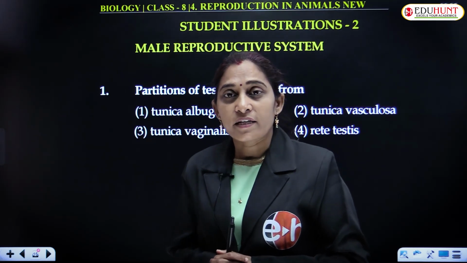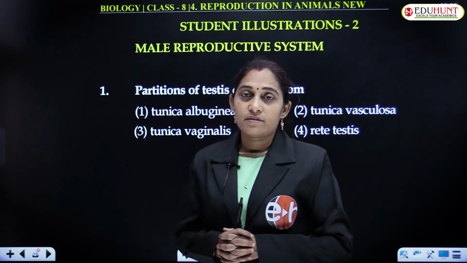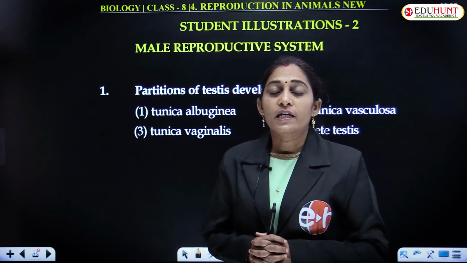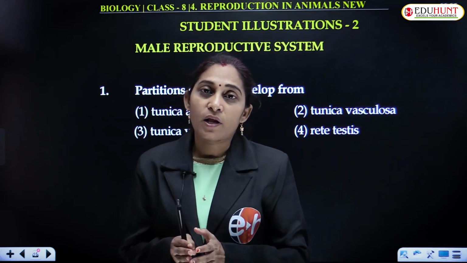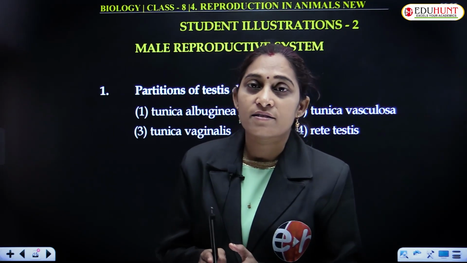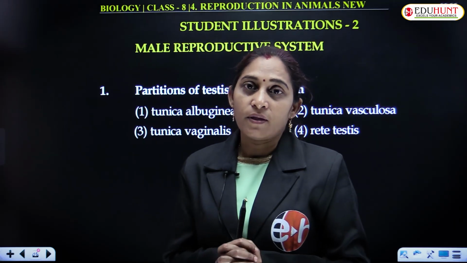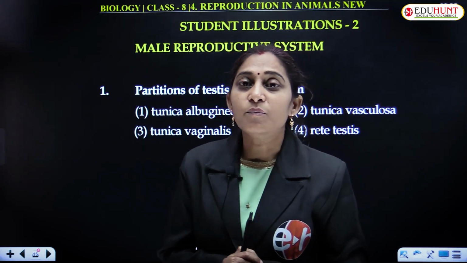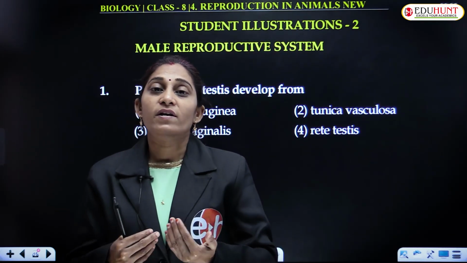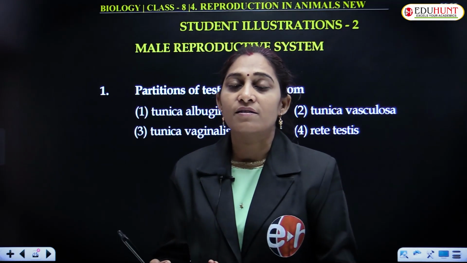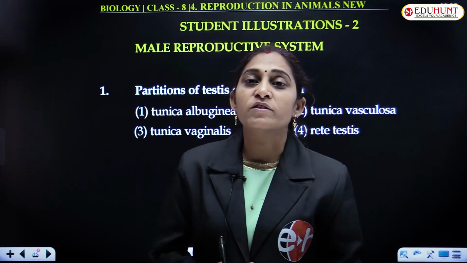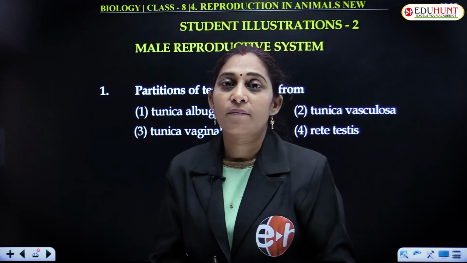In case of secondary sex organs, they do not result in the production of any sex cells, but they facilitate the movement and the fusion of these sex cells which were produced by the primary sex organs.